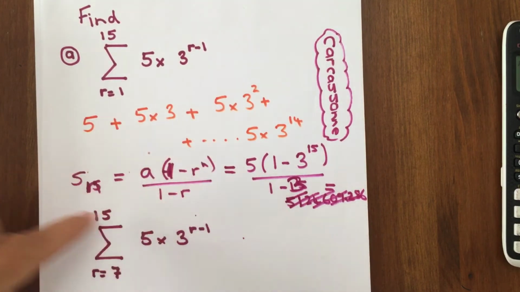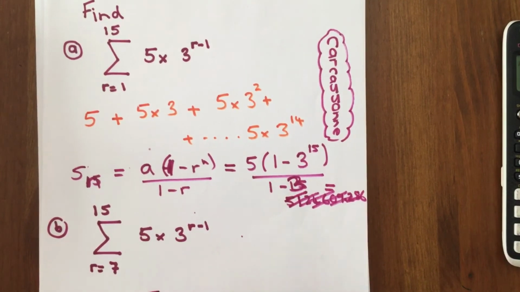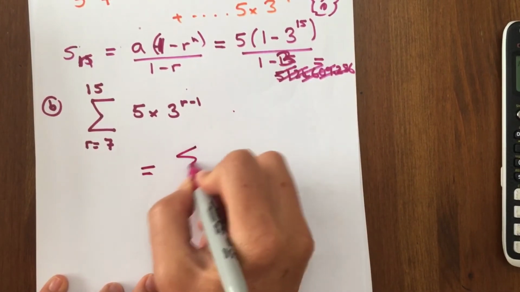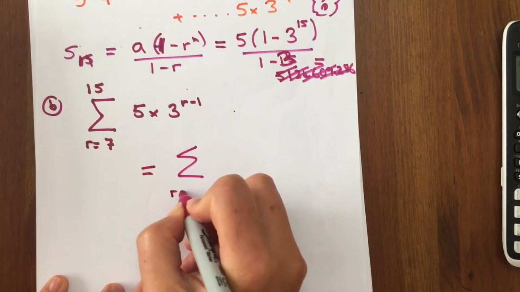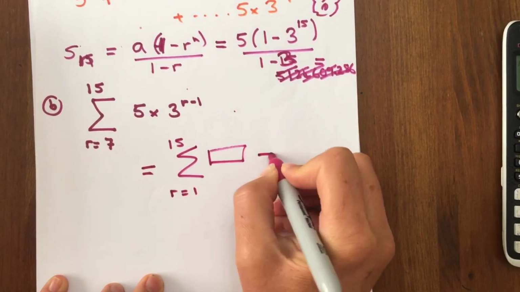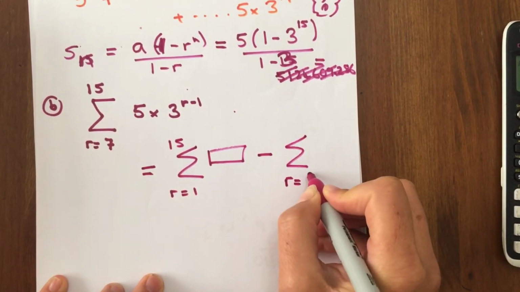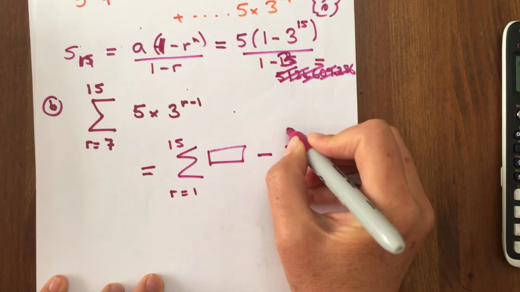This formula will only work if it's starting at 1, the first term. But what I can do is say this is equal to the sum of r equals 1 to 15 of the same formula minus the sum of r equals 6.